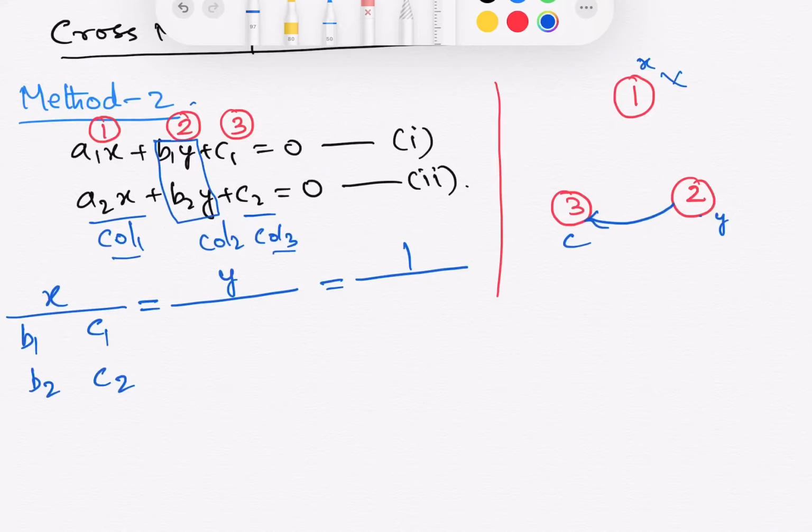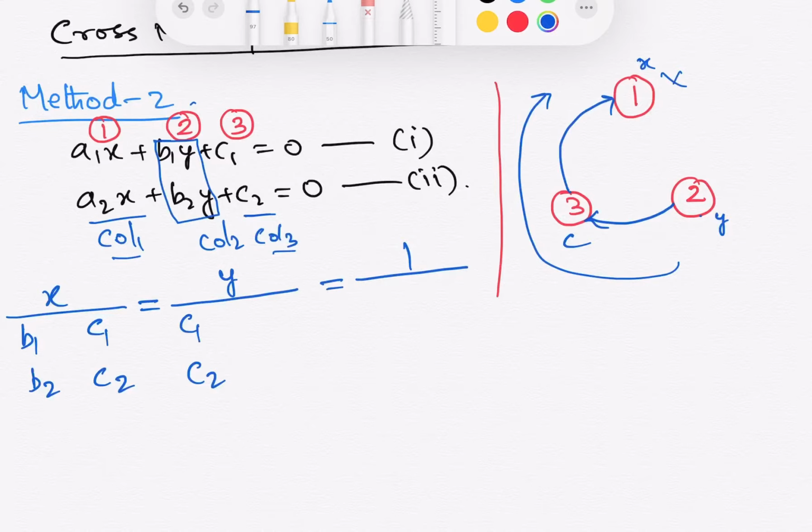So now you draw 3 to 1, and this movement is anti-clockwise. Number 3 is the constant part, so write the constant part here, which is c1 from equation 1 and c2 from equation 2.